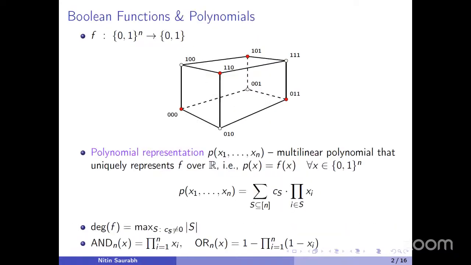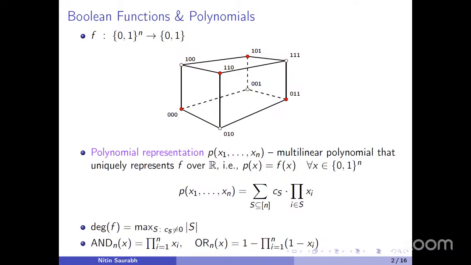By representation, I mean that the value of the polynomial is equal to the function value at every point. And because we are working over Boolean domains, you can without loss of generality assume that it is a multilinear polynomial. The complexity measure associated with polynomials is its degree, the size of the largest non-zero term.